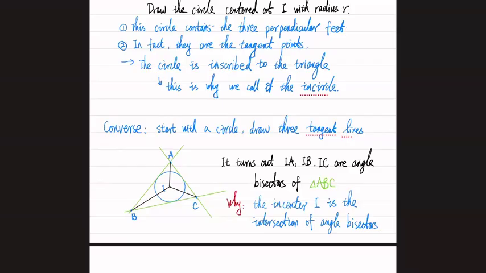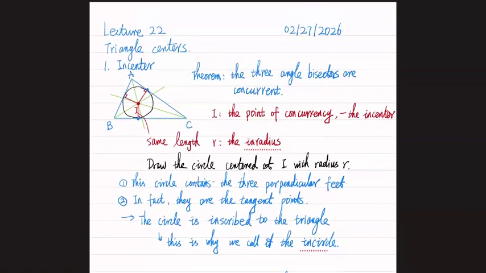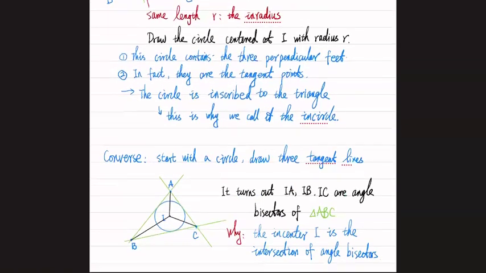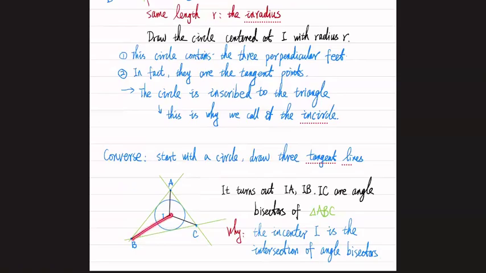Okay, so I is the incenter. It's the intersection of the angle bisectors that we have over there. Incenter, angle bisectors. So therefore, they are angle bisectors.